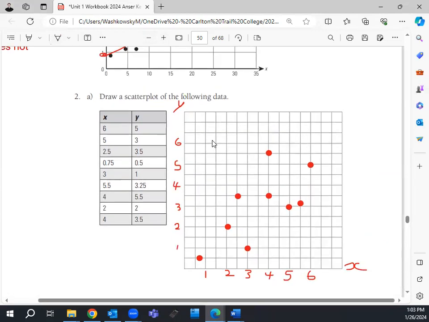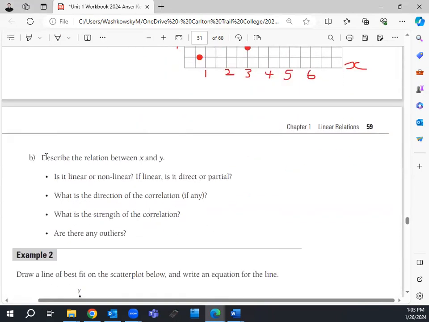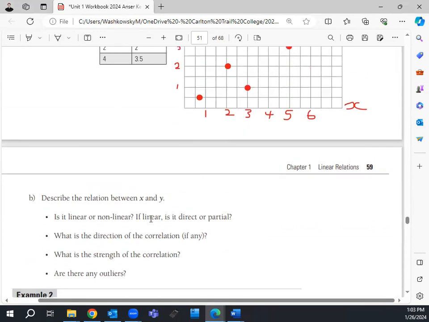So at this point, we have our chart established. If you haven't yet, give you a couple seconds here, just work on question 2B.